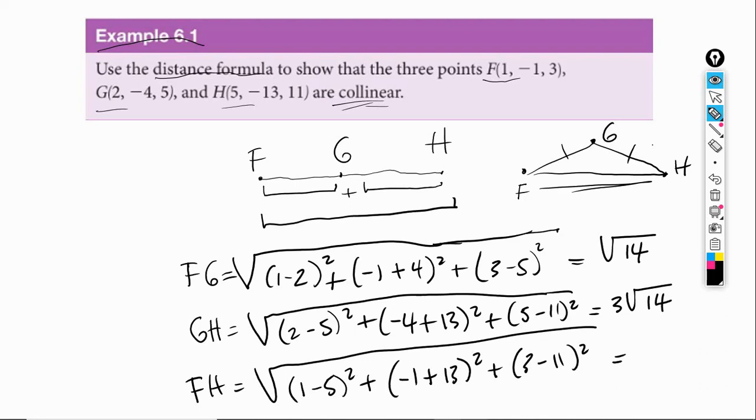And if we do the math here, this is going to give us 4 square root of 14. And this is already proving that they are collinear, because notice that adding these two would equal 4 square root of 14. Therefore, points F, G, and H are collinear.